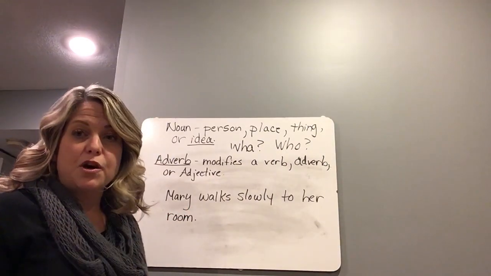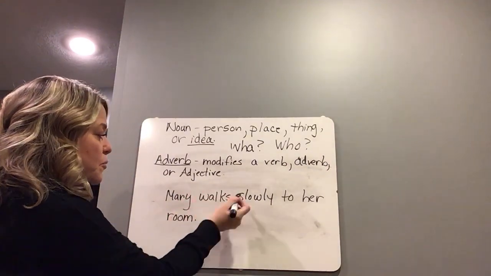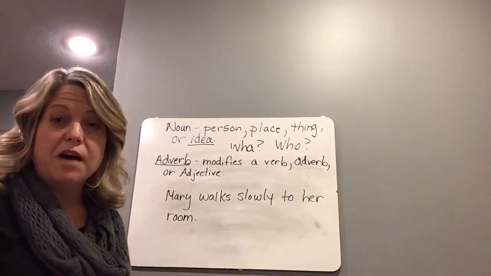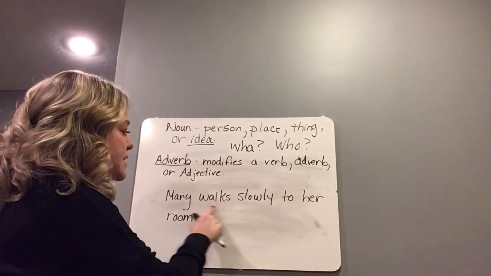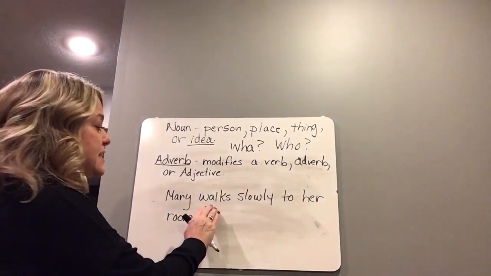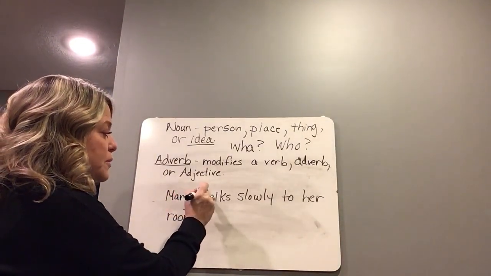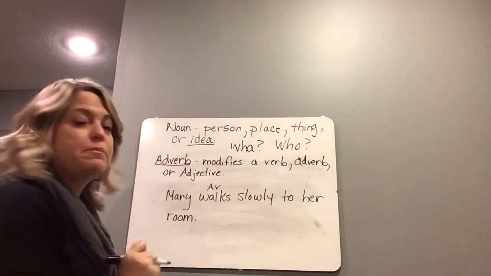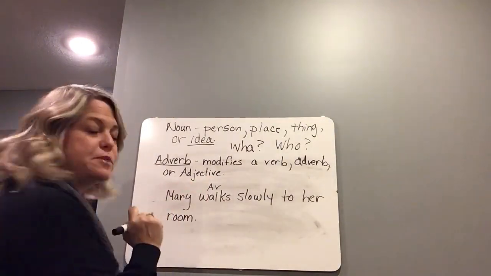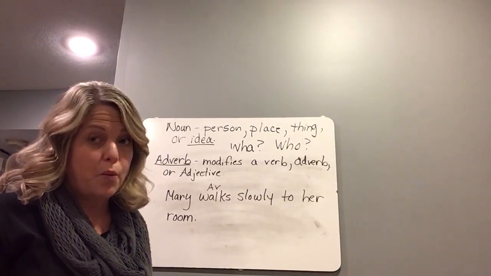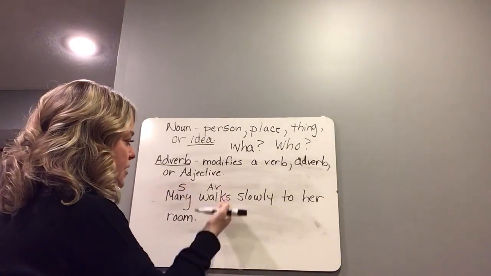Okay, so we have the verb walks. Mrs. McNulty always loves for you to attack the sentence, and when she says that, she means she wants you to find your verb, and in this case, walks is your verb, and we know that's an action verb because that's an action you can do. And Mary is your subject because she answers who or what walks. Mary walks.